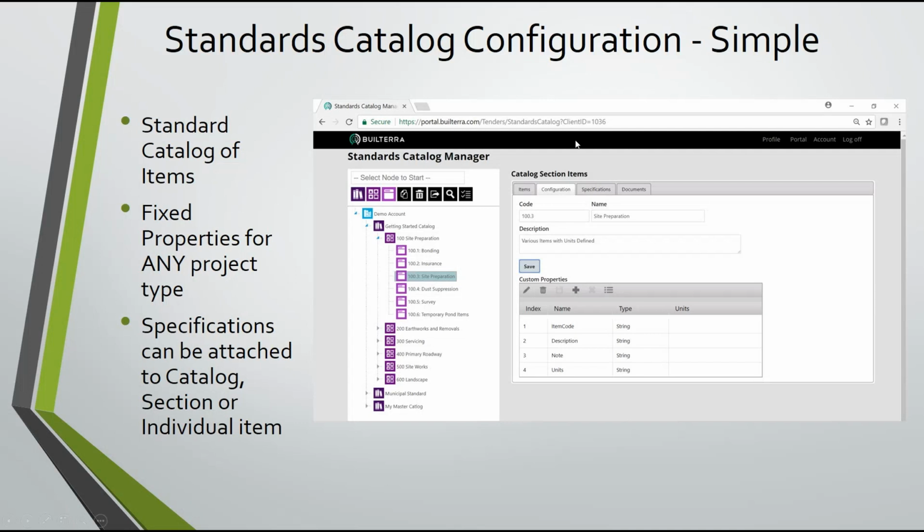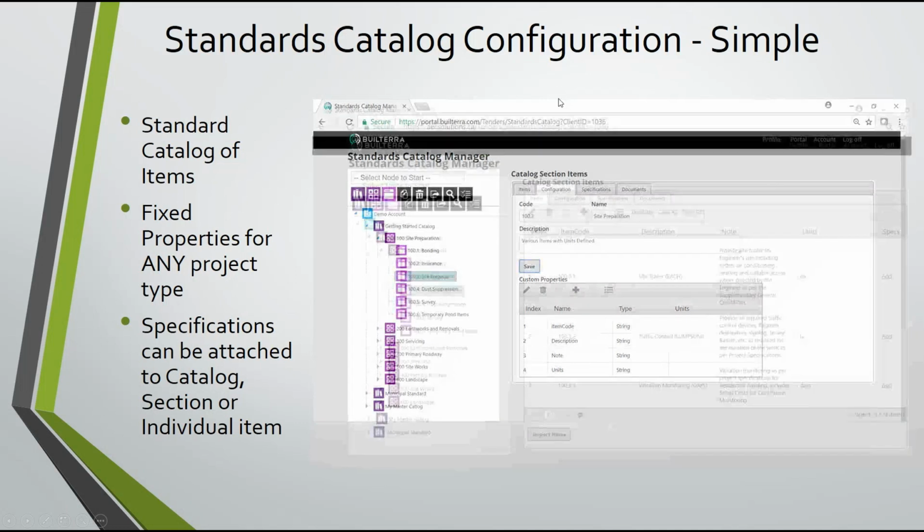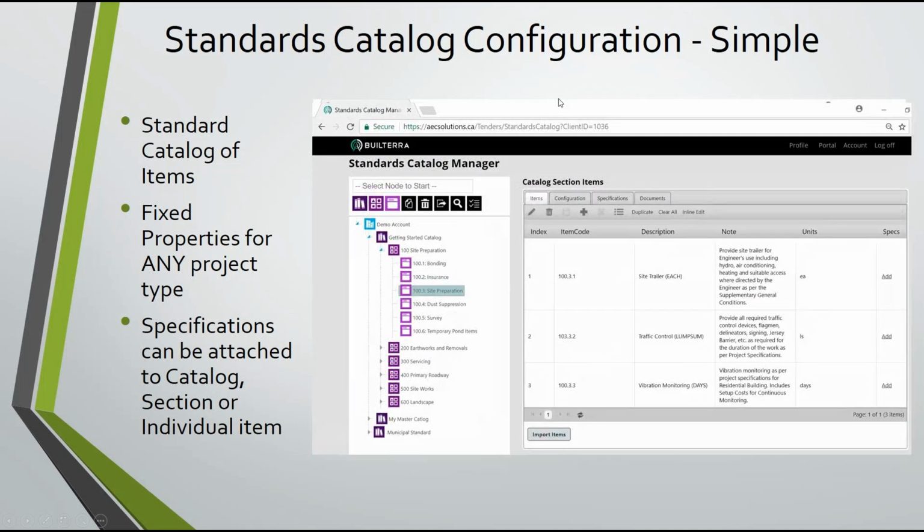When you select the Standards Catalog Manager under the Configuration tab, you have the ability to add whatever fixed properties you want through this grid. We're going to do that with a fencing example in a second, live. Once you set up the configuration, you can then add items.